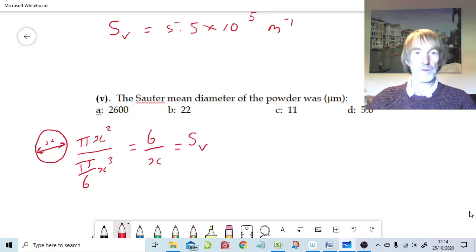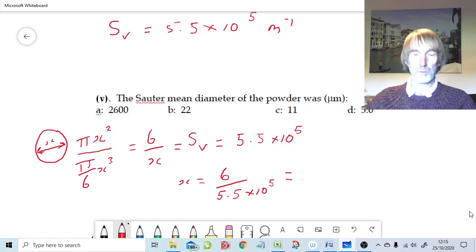Okay, and we're told that the specific surface area of the material is 5.5 times 10 to the 5. So x is going to be equal to 6 divided by 5.5 times 10 to the 5. 6 divided by 5.5 is 1.1.